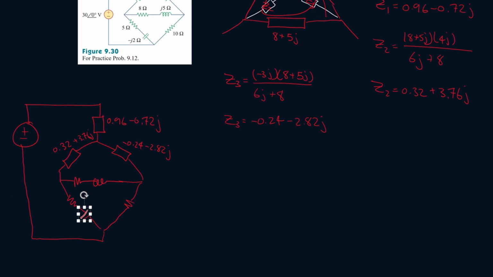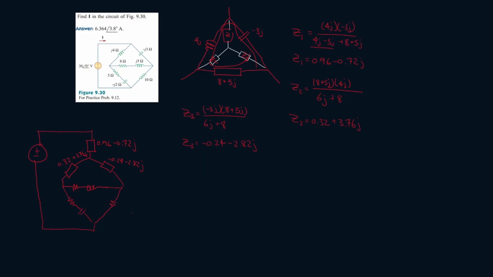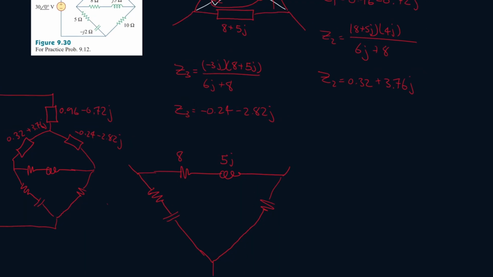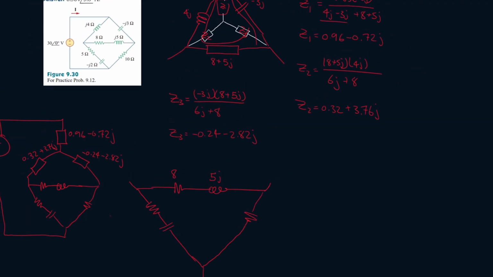Unfortunately, we have to do the same thing all over again, but for this portion. We have to transform that into a Y. Let me write it here. This is 8 ohms, this is 5j. Wait, never mind, I think I made a mistake.